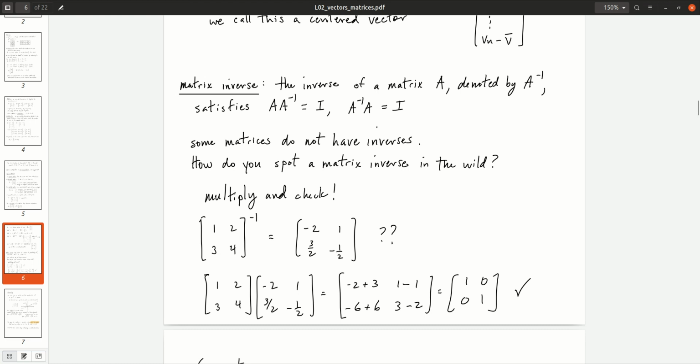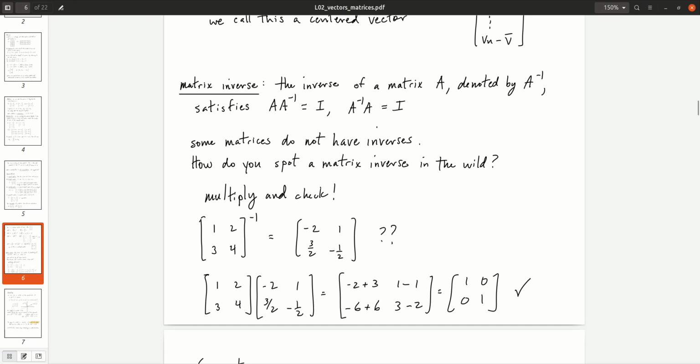We're only going to talk about matrix inverses of square matrices. So A is going to be a square matrix, and A inverse is going to be a square matrix, so we could do both of these multiplications. If both of these things are true, then A superscript minus 1 is the inverse of A. Some matrices don't have inverses.